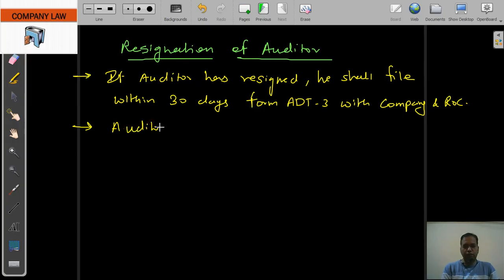The auditor shall indicate the reasons and other facts for resignation.